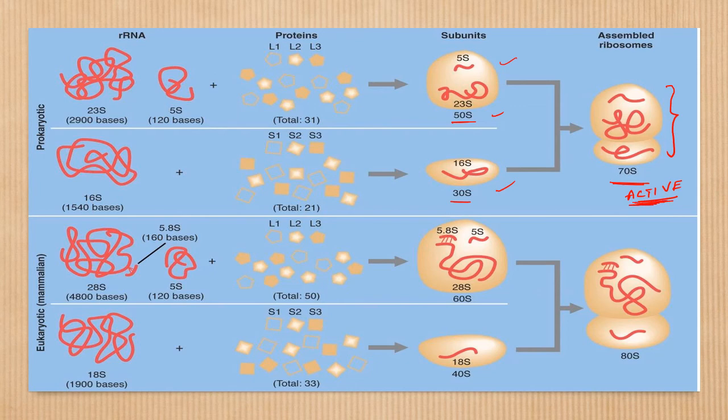And similarly in eukaryotes, the assemblage. In eukaryotes the 80S ribosome is assembled with 60S and 40S.